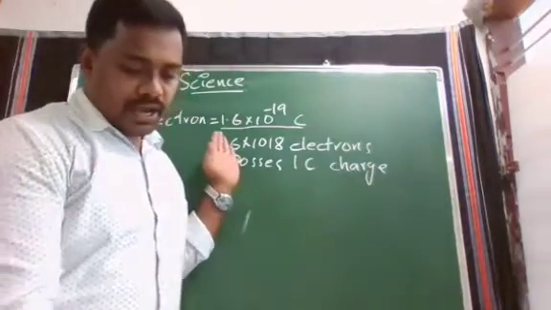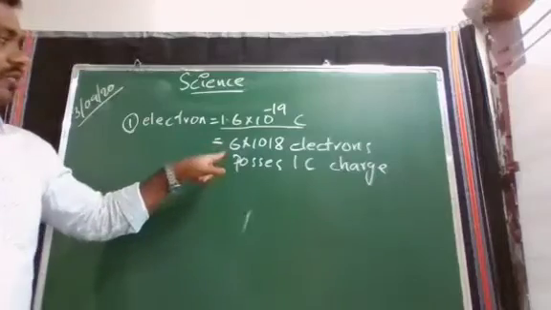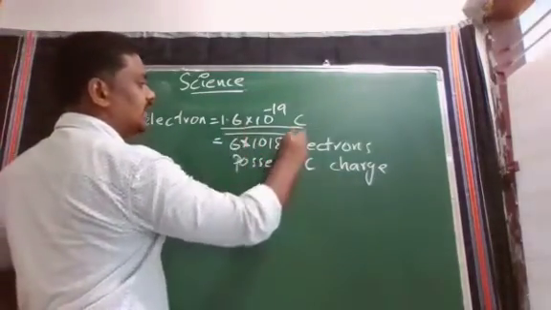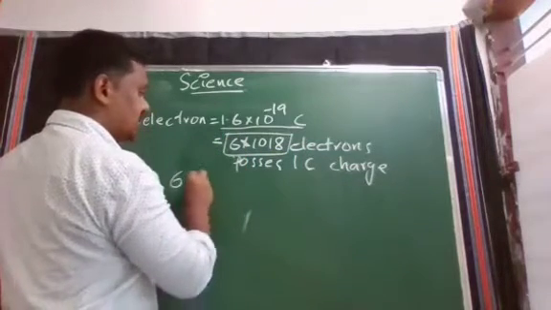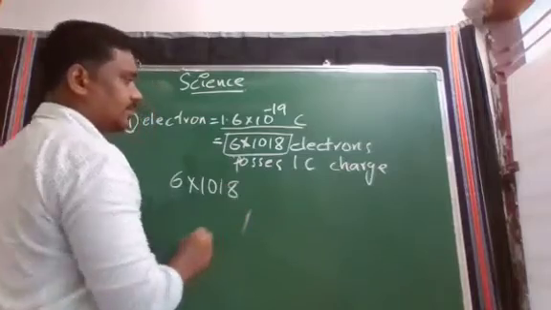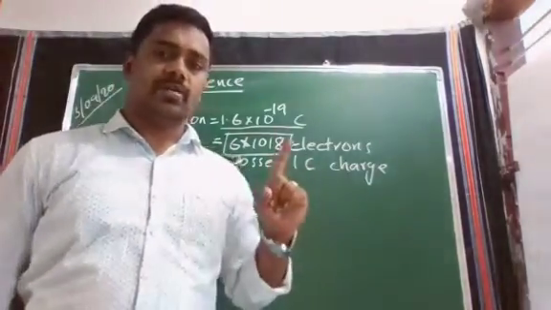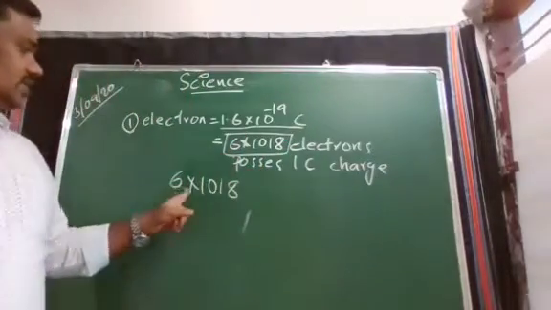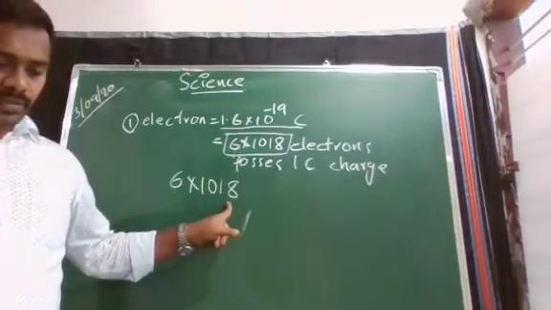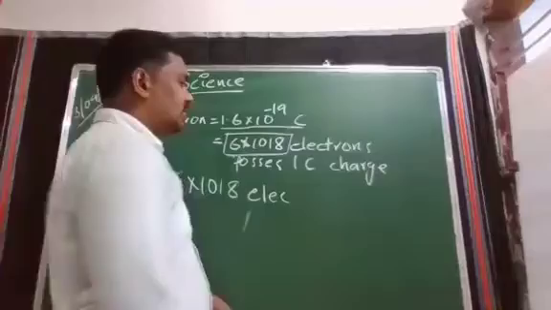The number of electrons constituting 1 coulomb of charge. So for 1 coulomb of charge, 6 into 10 raised to 18 electrons are needed to possess 1 coulomb of charge.